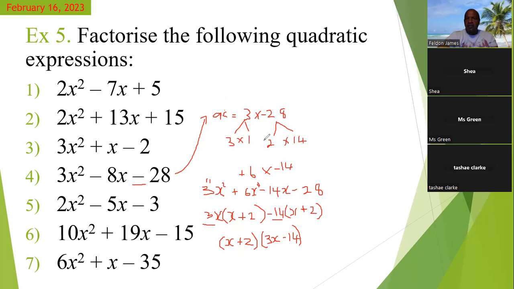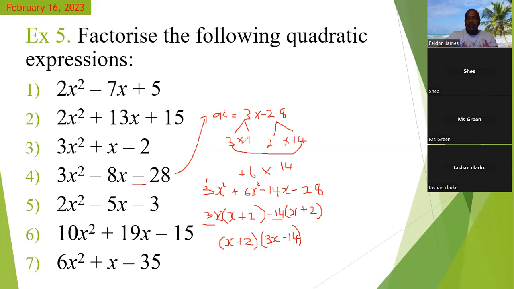From the 28, we got 2 and 14. So what we want to do now is take one of the factors from the 3 and multiply by one of the factors from the 28. So I choose 2 times 3. I could have easily tried 3 times 14, but that's going to give us a very large number. So I try 3 times 2.